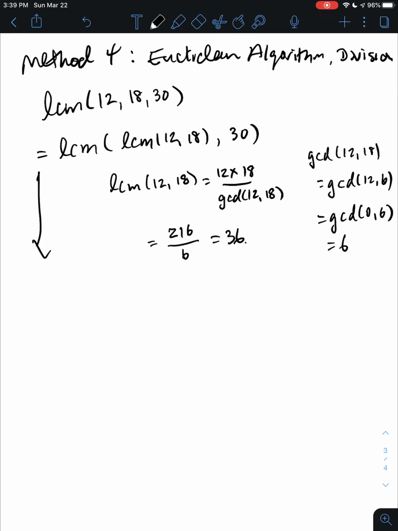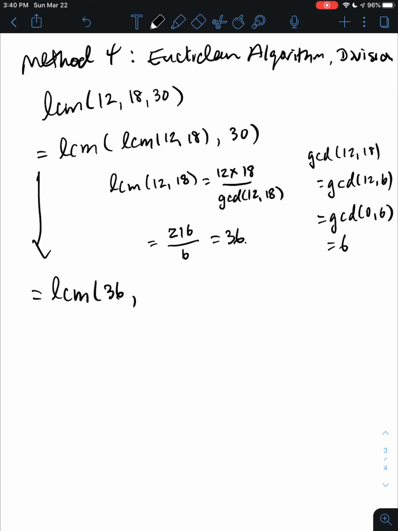Okay, so I'm going to continue with the first outer calculation here. I just substitute 36 for that second LCM. Substitute 36. And now, this was not 18, it was 30. Okay, so I'll clear this up.